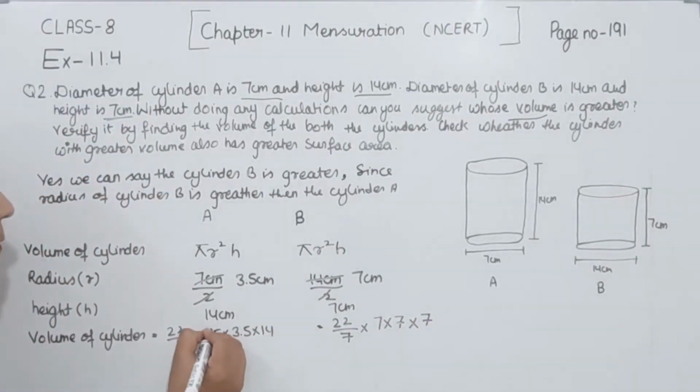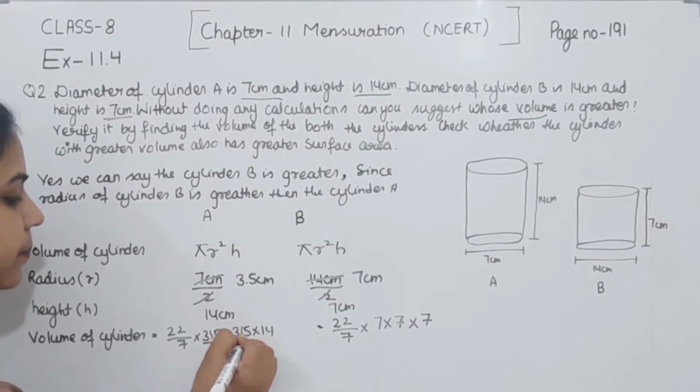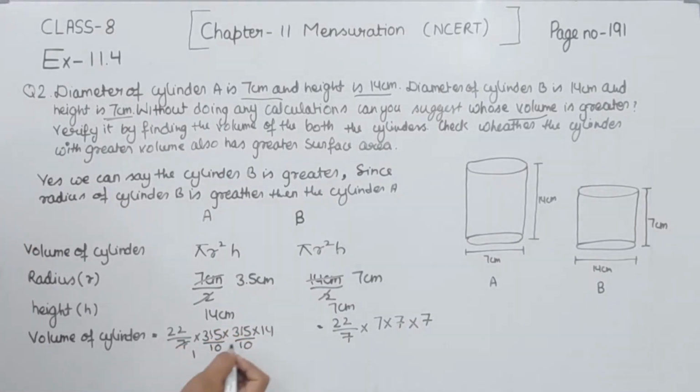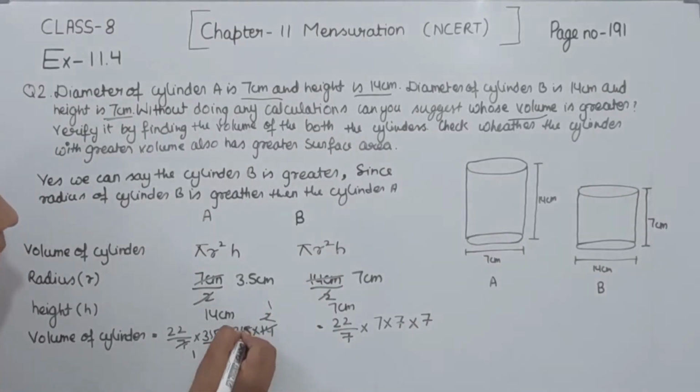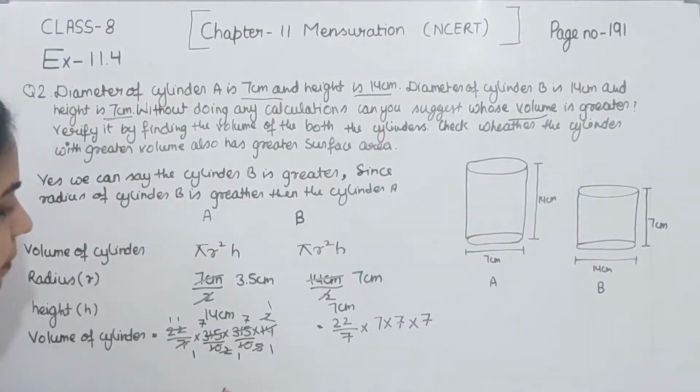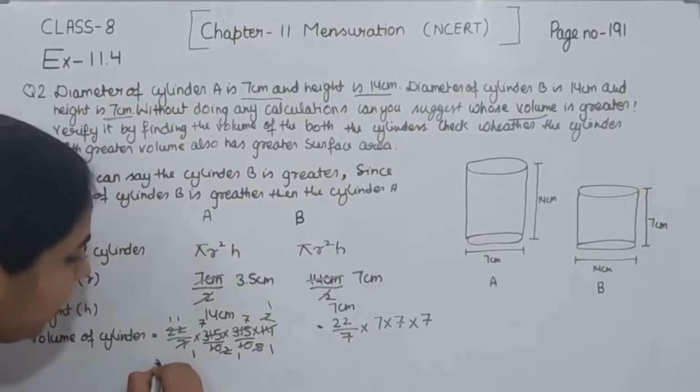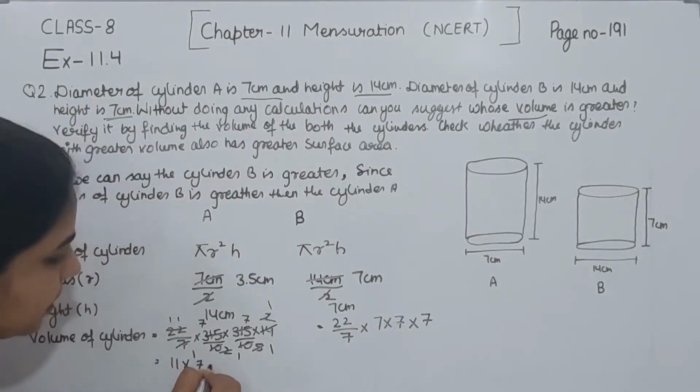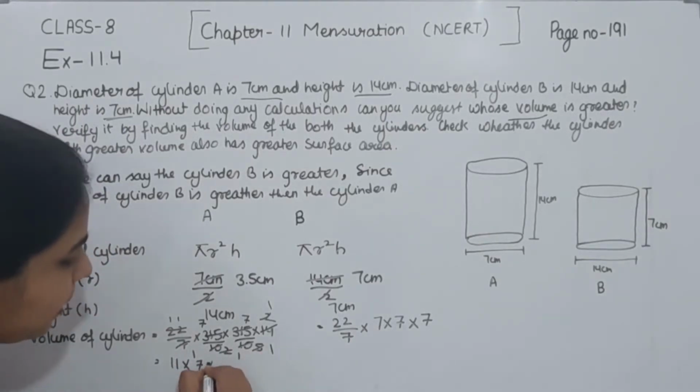Now first of all I am going to remove the decimal. 7 ones are 7, 7 twos are 14. 2 ones are 2, 2 fives are 10, 5 ones are 5, 5 sevens are 35. Now 5 twos are 10, 5 sevens are 35, 2 ones are 2, 2 ones are 2. So we have the values 11 multiplied by 7 and multiplied by 7.